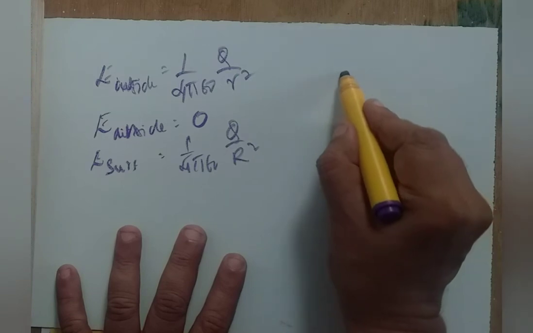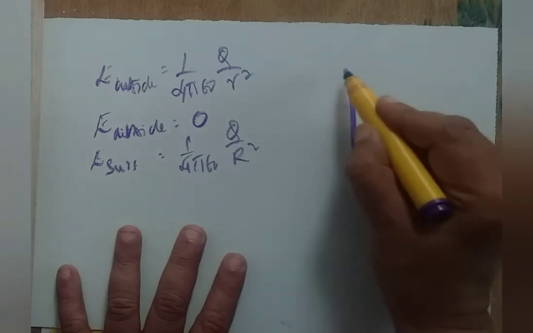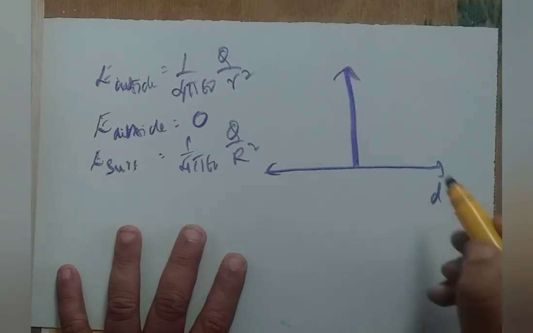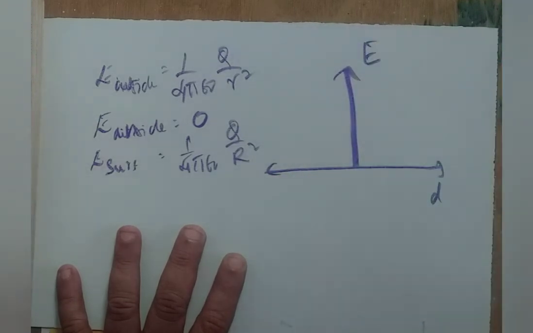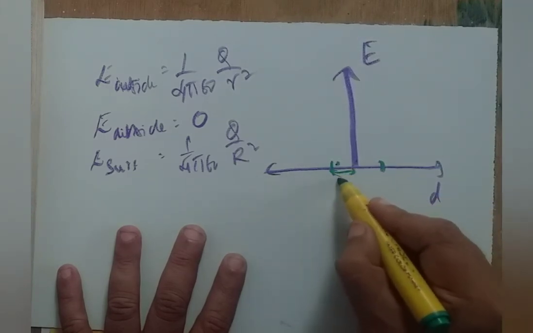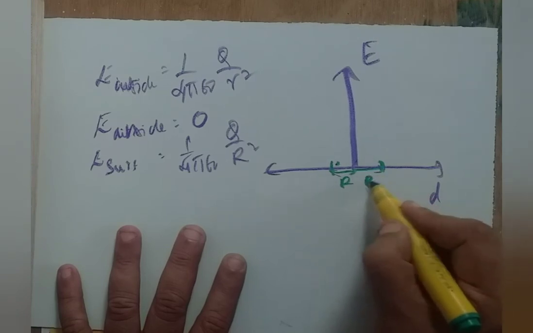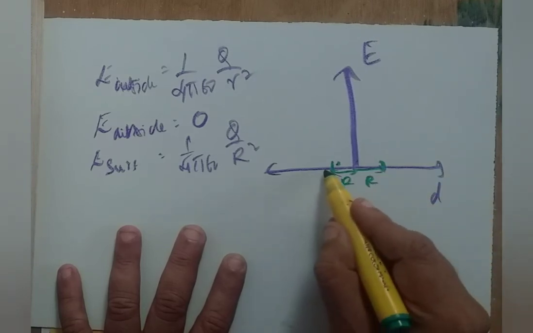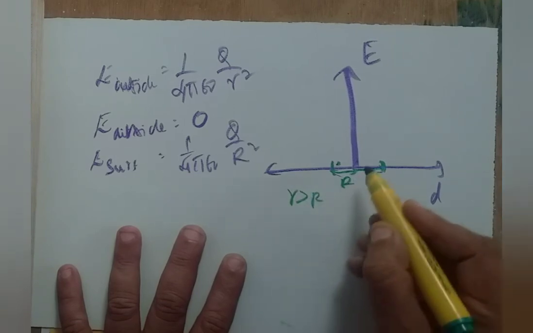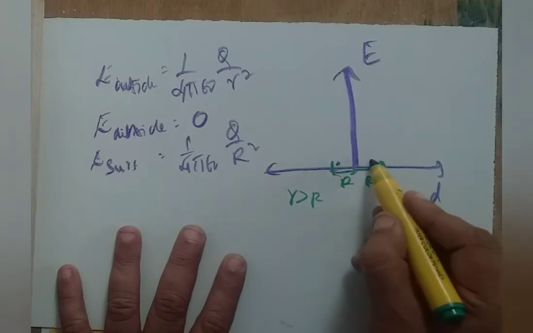With this idea, we can draw a graph of variation of electric field intensity versus distance from the center. I take this as distance, this as electric field intensity. Now observe at this point, say this is R, the radius of the sphere, and all the points outside this are r greater than R. All the points inside are inside the sphere.